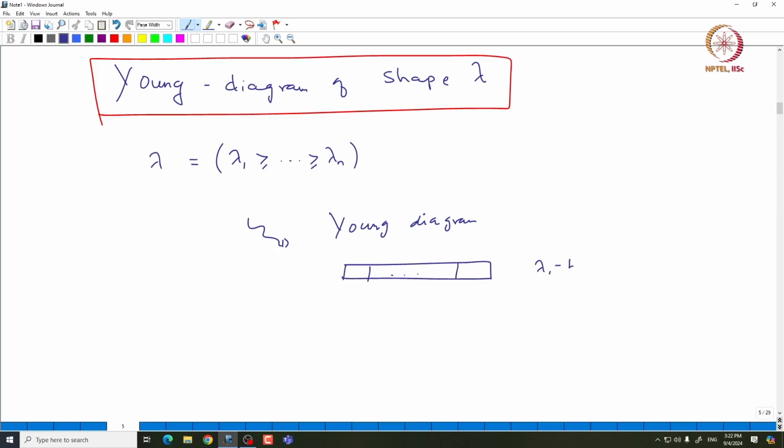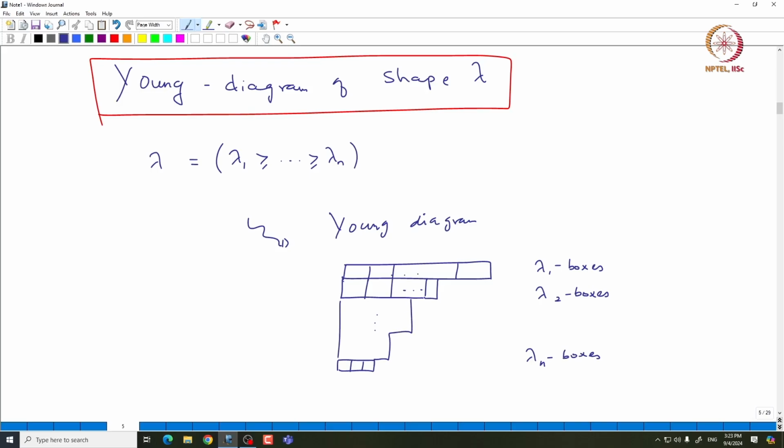Then you start from all the way to the left and arrange lambda 2 boxes just below the lambda 1 boxes, so the second row consists of lambda 2 boxes, and so on, so that you will have lambda n boxes at the end. Okay, so this is called a Young diagram.